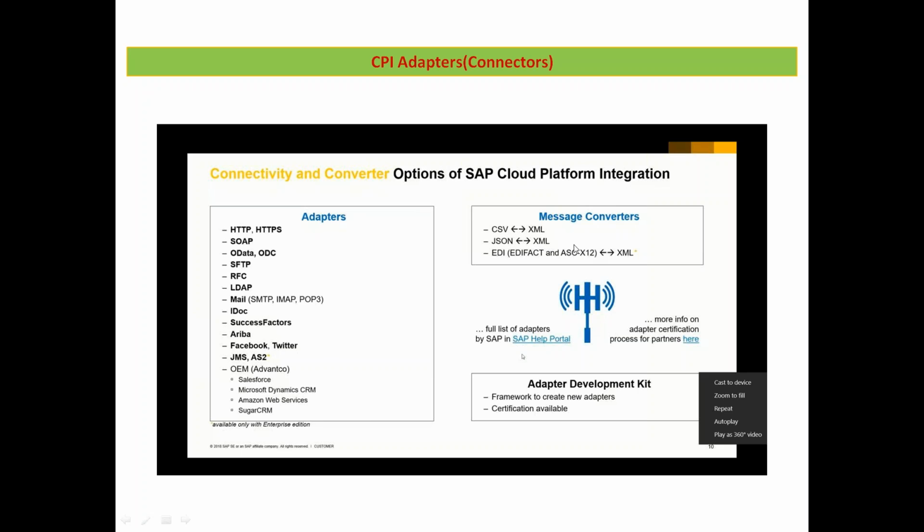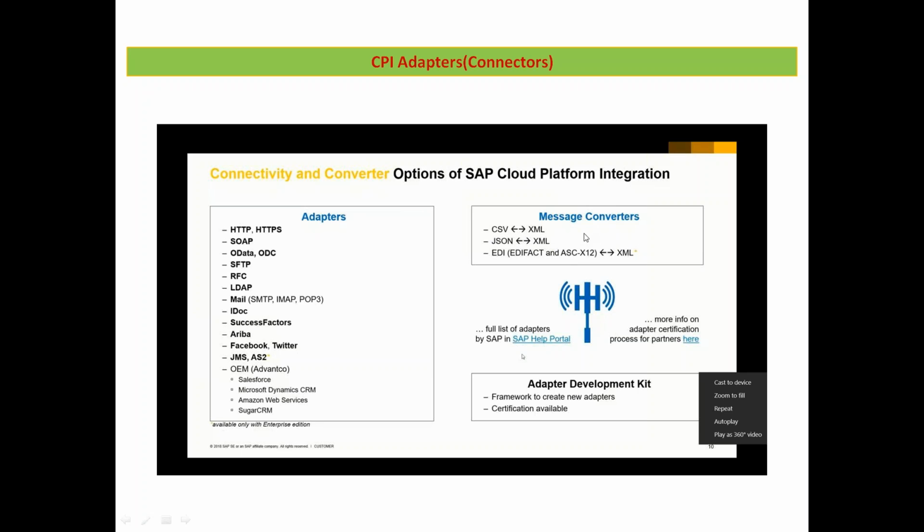SAP CPI is bundled with various message converters. Assume that the source data is in CSV format, and your target application is expecting XML. So you need to convert. For any such conversions, CPI provides message converters. There are 6 built-in message converters, like CSV to XML, JSON to XML, XML to JSON, XML to CSV.